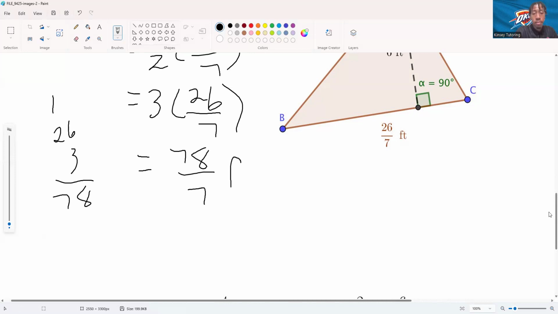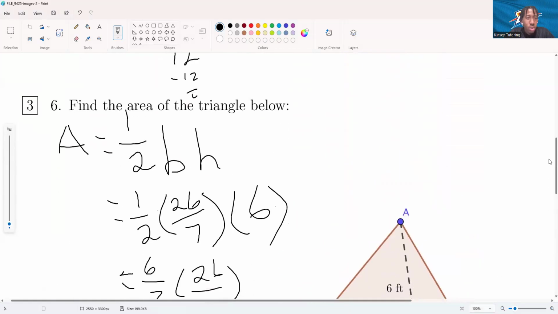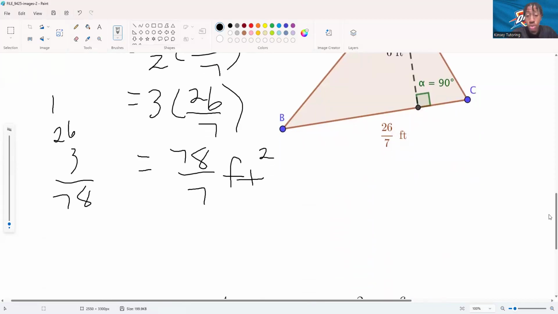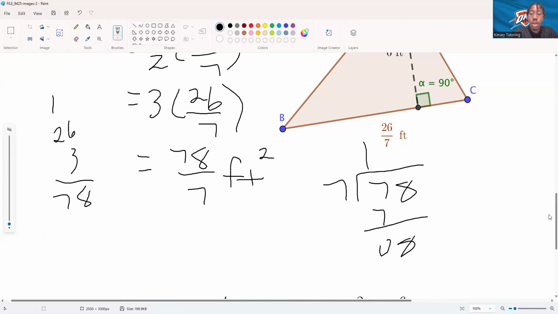Feet. Area, so what's that? Feet squared. So 78 over 7 feet squared. Does it ask for a whole number? Yeah, just find the area. And then if you want to do the extra step and divide it and make it a whole number: 7 into 78, 1, 7, 0, and then bring down the 8. 7 goes into 8 one time, 7, and then 1.